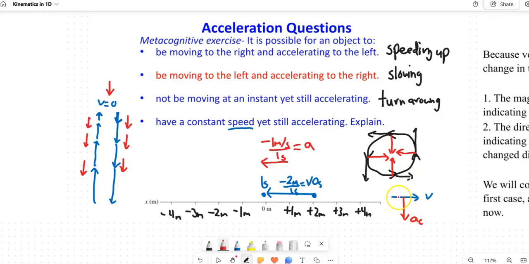Since it's perpendicular to your velocity vector, it cannot speed you up nor slow you down. For that to happen, the acceleration vector has to be parallel to your velocity vector. Okay? So this is what is called a centripetal acceleration vector. It's a vector that turns you. So this is going to be turning you clockwise or counterclockwise.